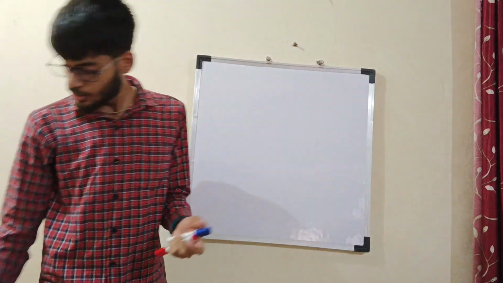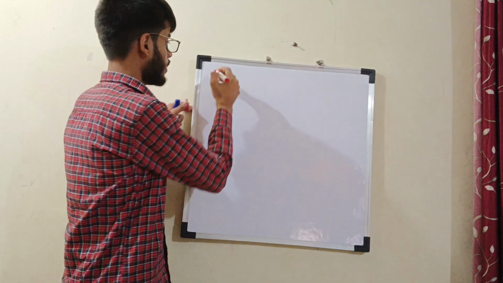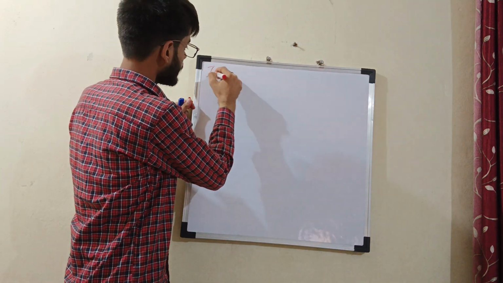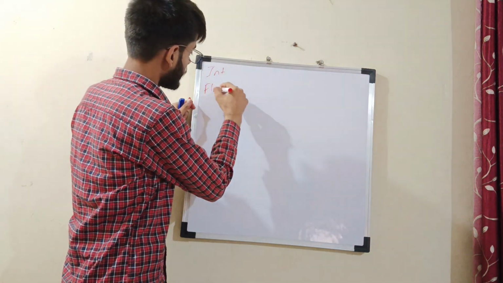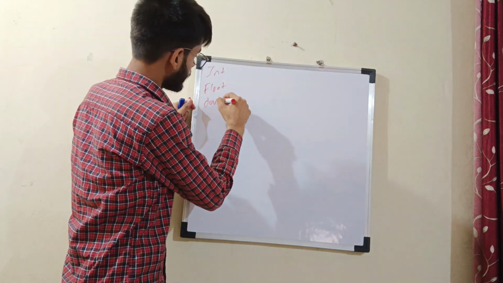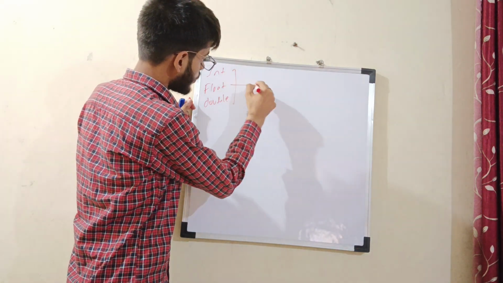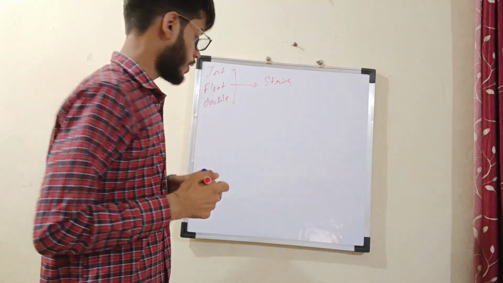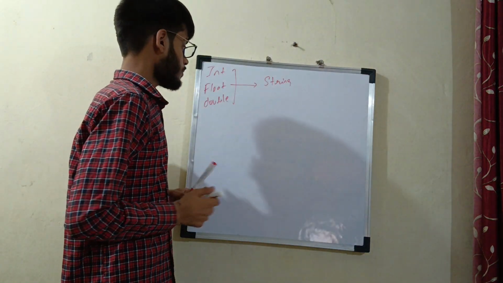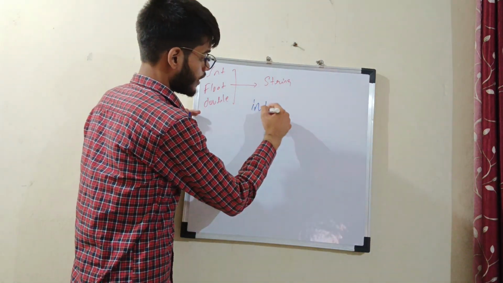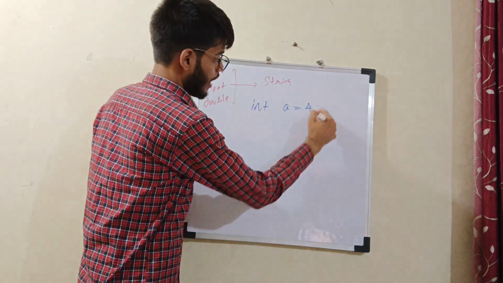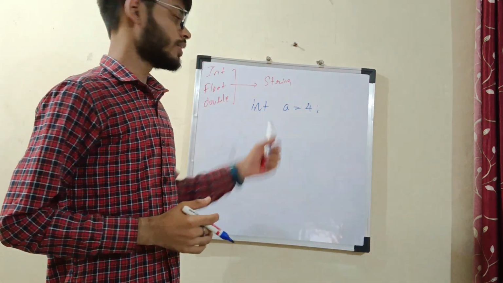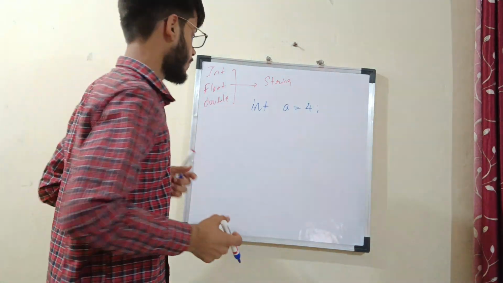So first let's see conversion of int, float, double to string. How we can convert these values to string type. Suppose we have this variable int a equals to 4, and we want to basically convert this value 4 into a string value.